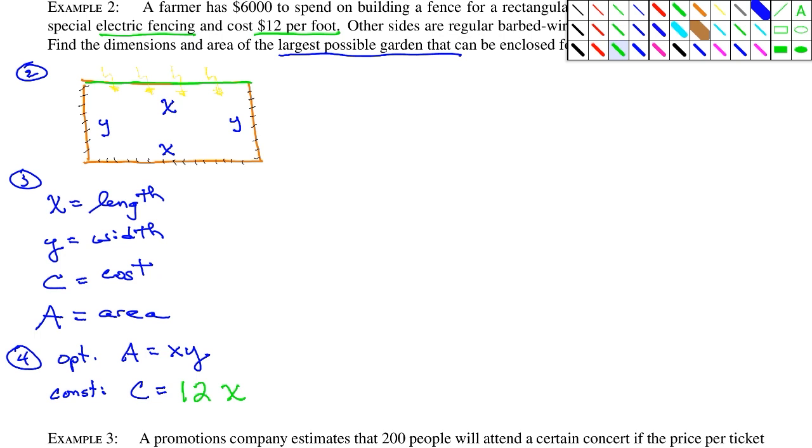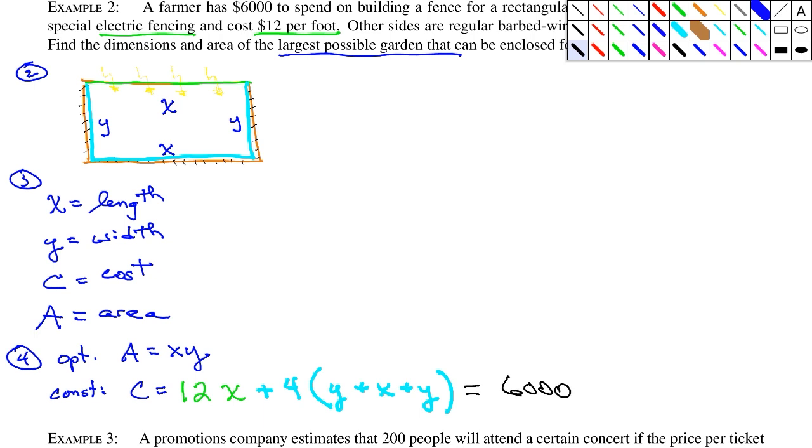Then the other sides are just standard barbed wire, and they cost $4 per foot. But how long is the fence that contains the barbed wire? Well, it's Y plus X plus another Y. And altogether, that's equal to $6,000.